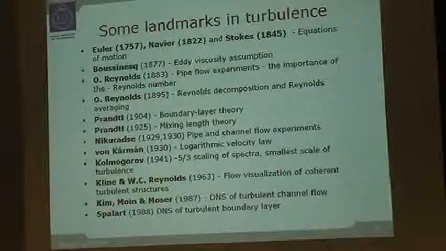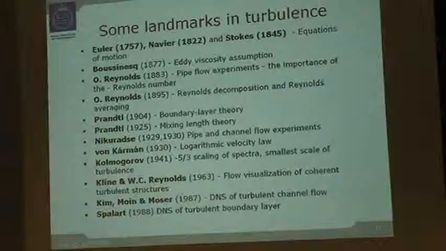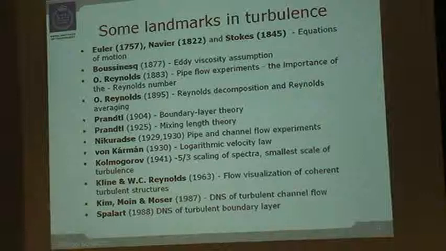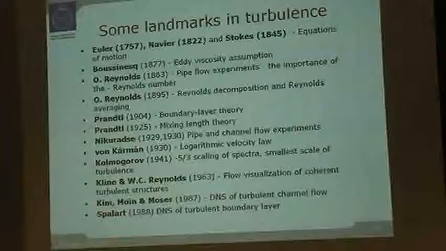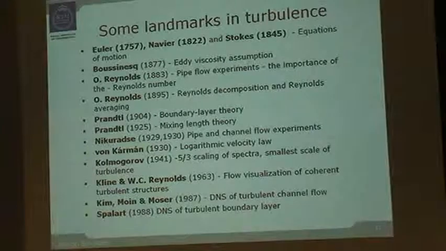It's interesting that this simulation, up to maybe 2-3 years ago, was still the boundary layer simulation with the highest Reynolds number. And it has been used many, many times as reference to compare turbulence models, to compare variables, to compare other simulations. So it was only recently that people have reached higher Reynolds numbers.